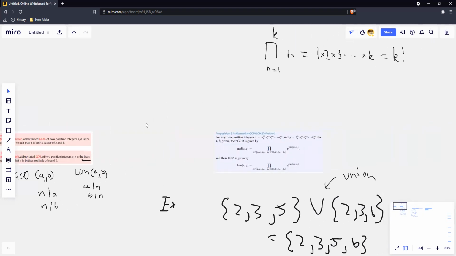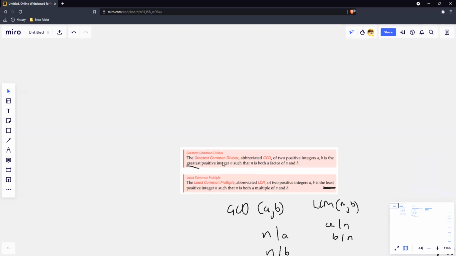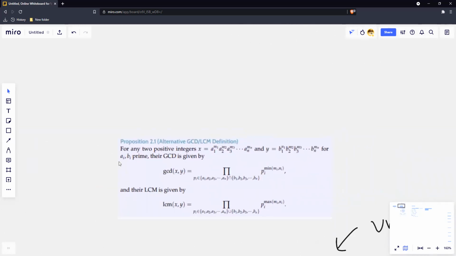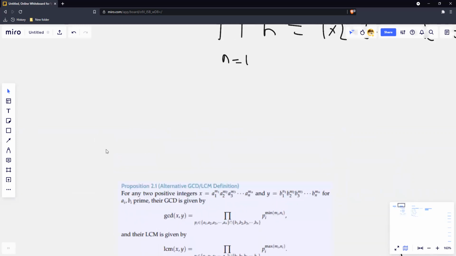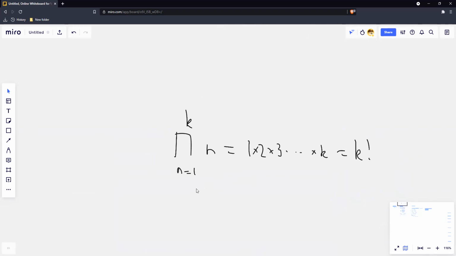So this is not rigorous enough. We don't know a rigorous way to show what this means, so we have an alternative definition. This looks scary at first, but let's go over product notation first. This is capital pi, as in Greek, and it's called the product notation.